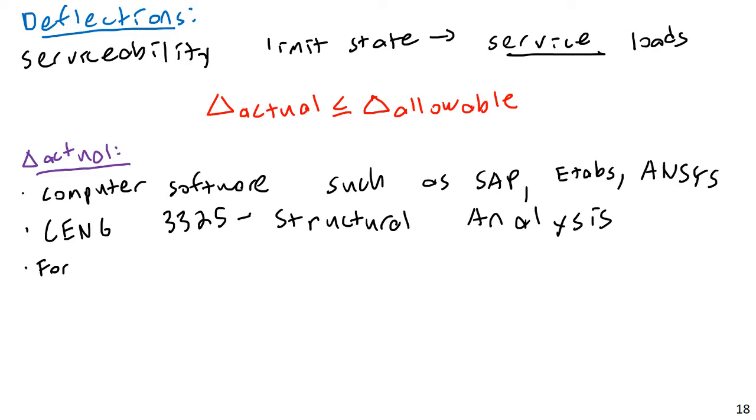This is where you can find your shear, moment, and deflection tables, not pre-calculated, but with formulas that have been pre-derived for a series of different types of beams: simply supported, fixed, simply supported and fixed, fixed pin, all sorts of things. You could use that as well.